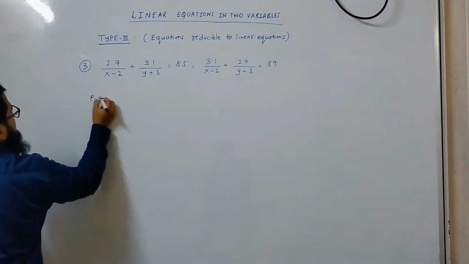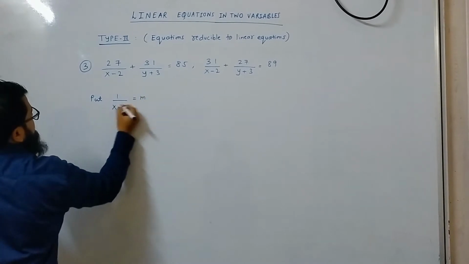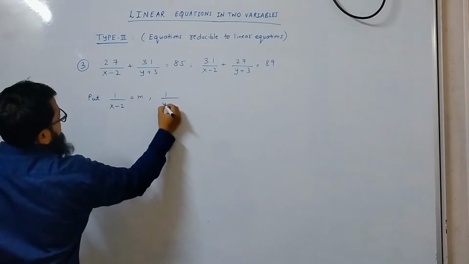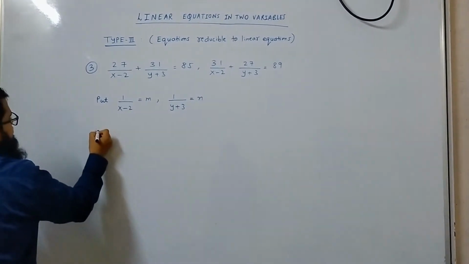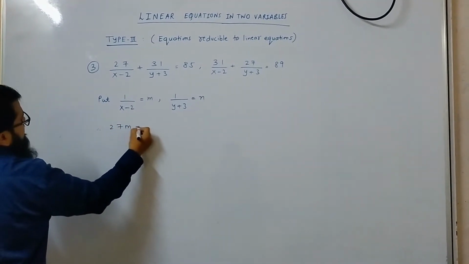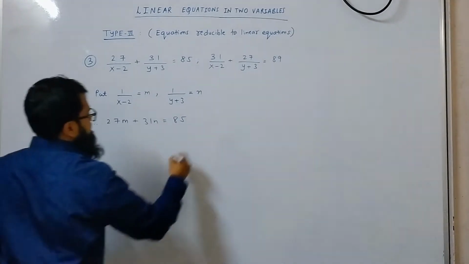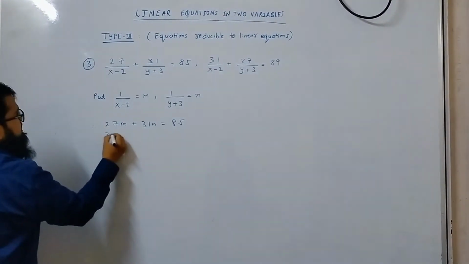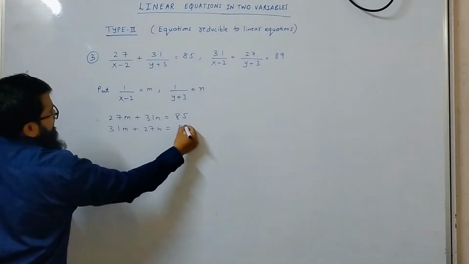If you put 1 upon x minus 2 is equal to m, and 1 upon y plus 3 is equal to n, therefore, we get 27m plus 31n is equal to 85. And the second equation becomes 31m plus 27n is equal to 89.